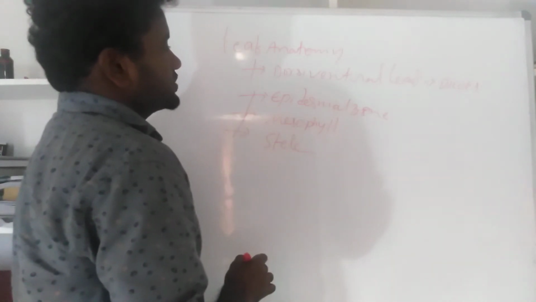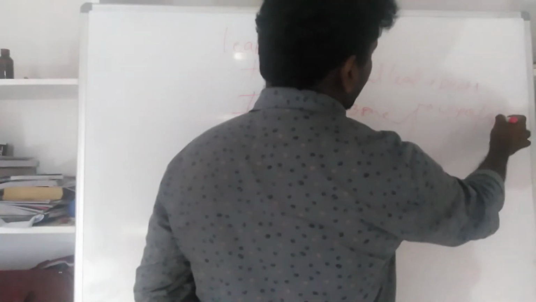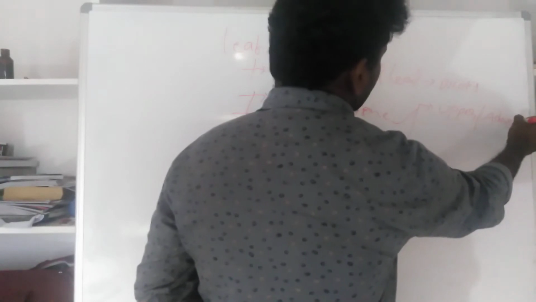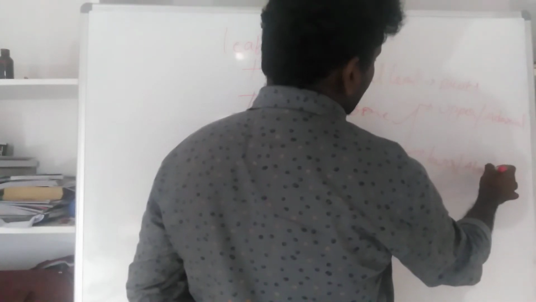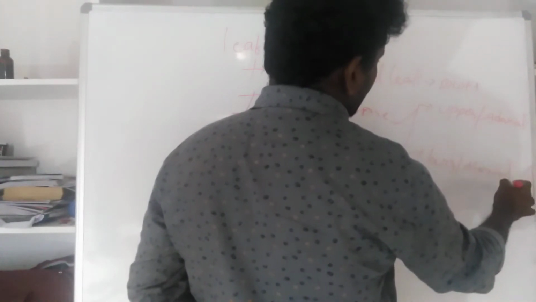Now we will discuss the epidermal zone. In the leaf there are two distinct epidermis: the upper or adaxial epidermis, and the lower or abaxial epidermis.